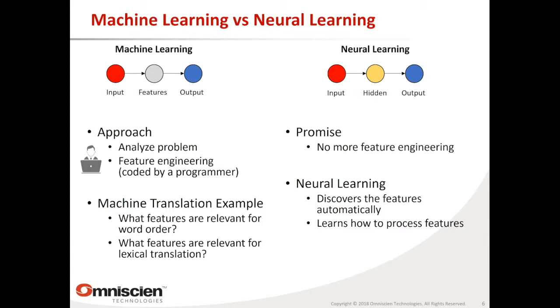With neural technologies, these features are hidden away, and the promise is that there's no more feature engineering by a programmer. Instead, the neural tools discover the features automatically and learn how to process those features to give you an output. And that's where the focus in research and both real-world applications has moved to today in many cases.